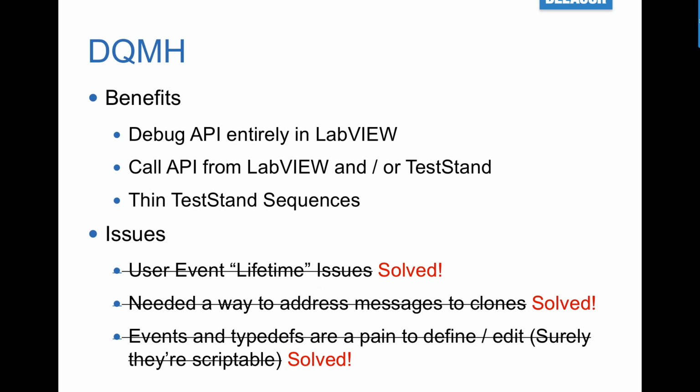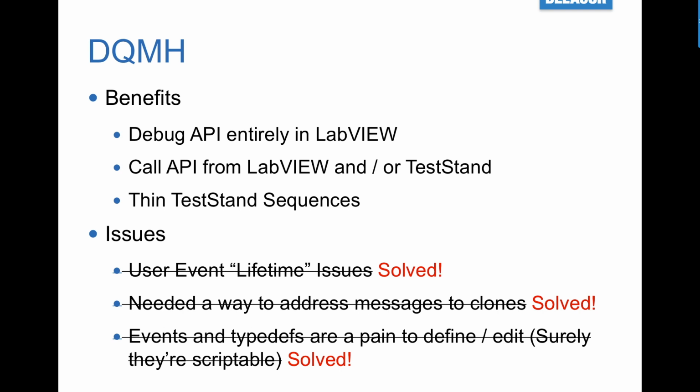So, the Delacore queued message handler, what are the benefits? Well, just like the private and public events framework that I demonstrated earlier, they allow you to debug your API entirely in LabVIEW. They allow you to call that API either from LabVIEW or TestStand or both, resulting in very thin TestStand sequences. The TestStand code is merely public wrappers around API methods of an asynchronously running module.